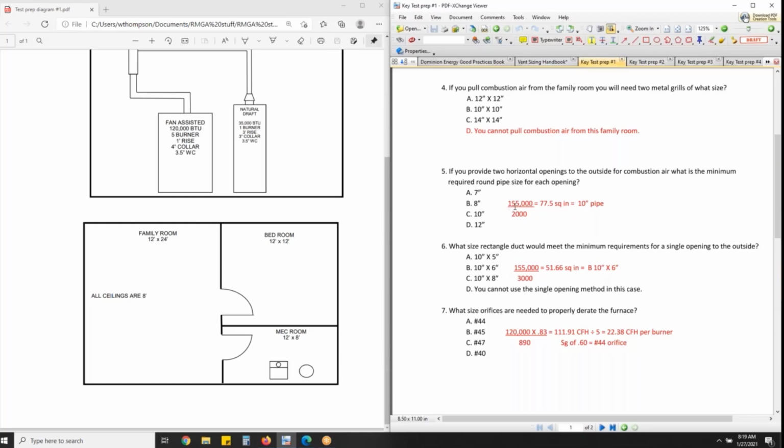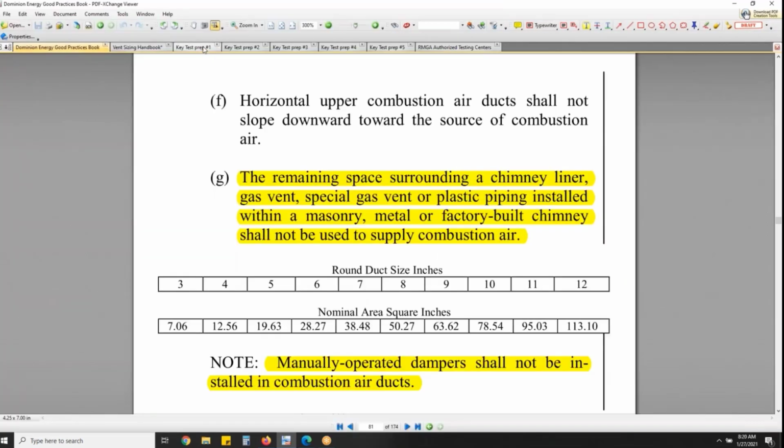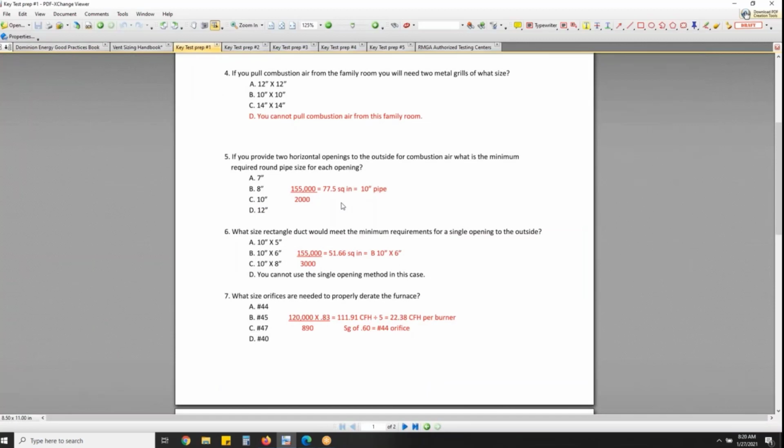I have a total of 155,000 BTUs. So 120,000 and 35,000 is 155, divided by 2,000, because that's what the code tells us. So we needed 77.5 square inches.